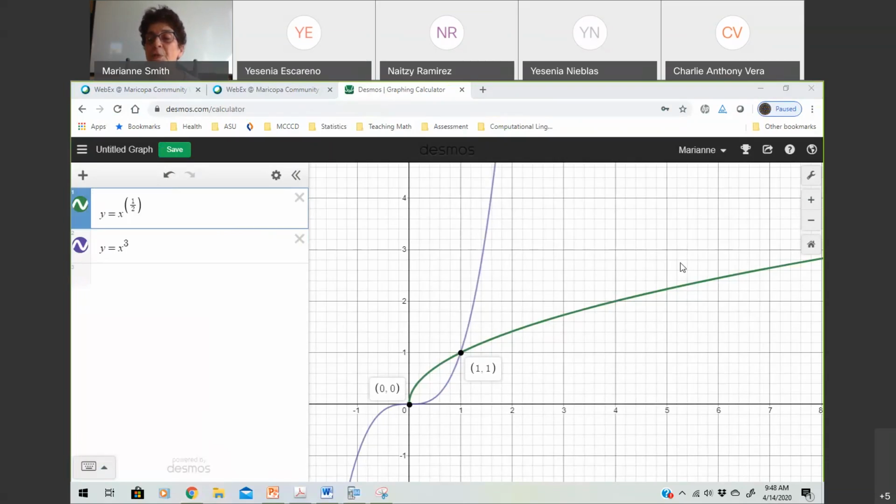Again, I want to show you a bunch of different ways to do this. Desmos is an app. You can certainly use Desmos on your phone. You even get the pinch and zoom feature there. You don't even need to zoom in and zoom out, you can just pinch and zoom. So are we okay with this? Again, I want to make sure you understand where the integration bounds came from.